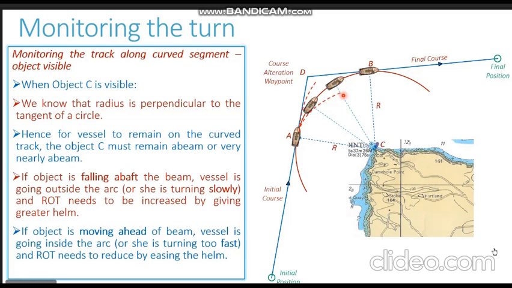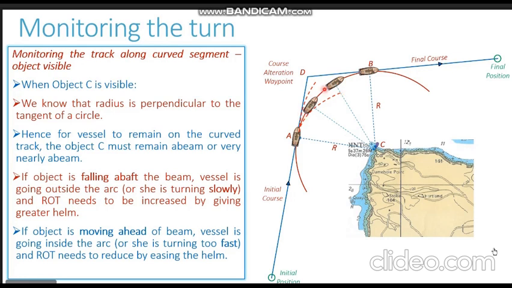So a very good indication to monitor the progress is keeping the lighthouse, which is at the center of our turn, exactly abeam. Whenever it starts to fall abaft the beam, we are turning slowly, so increase the helm angle, increase the rate of turn and bring it abeam again. And if at any point of time it moves ahead of the beam, that means we are turning too fast, so reduce the helm angle, reduce the rate of turn and bring it abeam again.